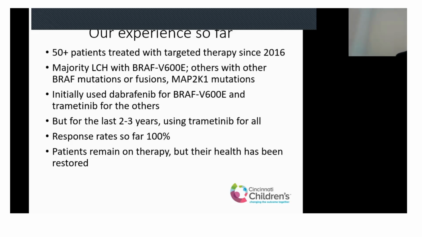We initially did what Dr. Goyal said. If it was BRAF V600E, we would use a BRAF inhibitor. For all the others, we would use a MEK inhibitor. But now, in order to learn about it, we've started using a MEK inhibitor for all of them. And fortunately, at least in our hands, every single patient has had a response. So the response rate is 100% in our hands.